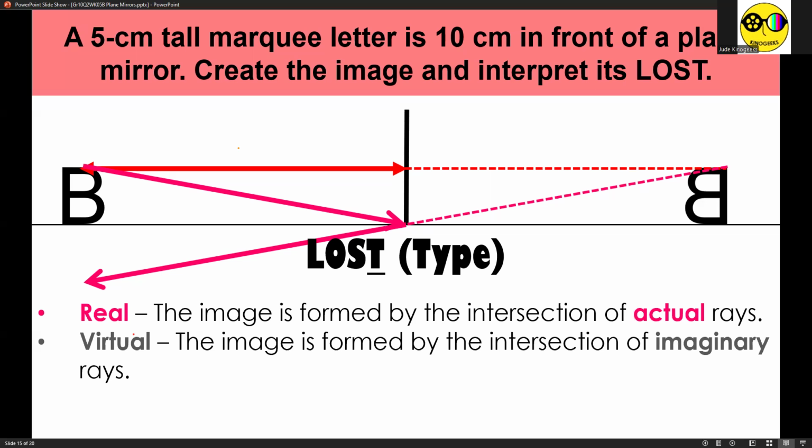But for the moment, let's just rely on what type of line we used, no? So we're only focused on the image, and the image is found at the right side. And the image is formed by the intersection of imaginary rays. That's why for the type, the image is considered virtual.